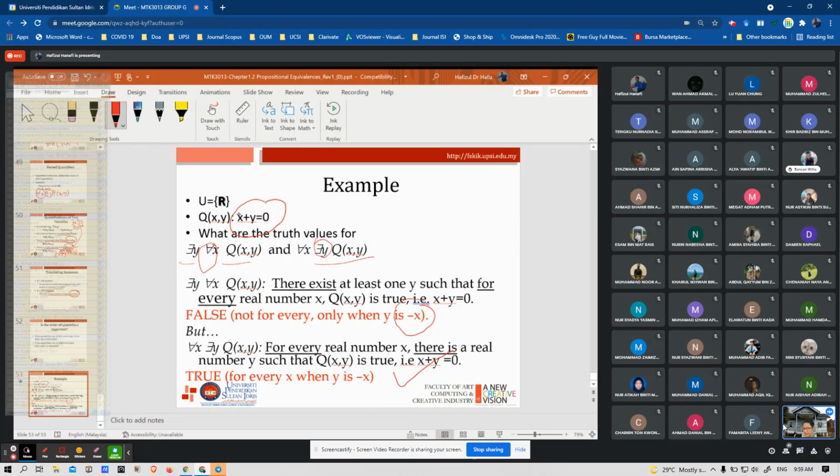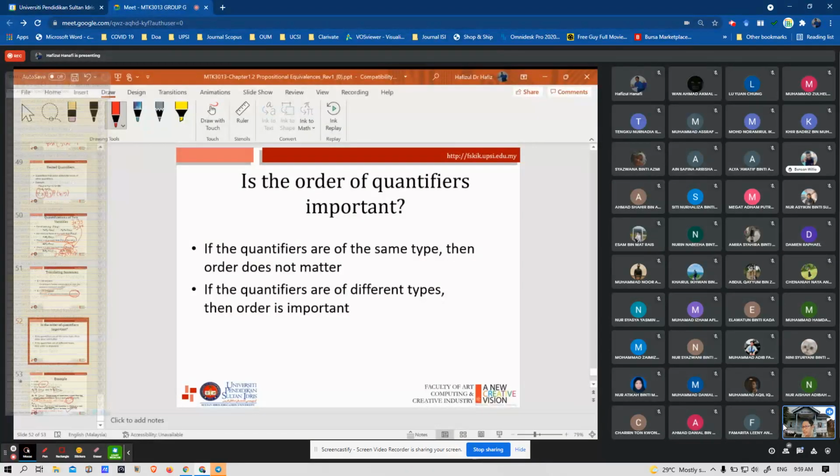There exists at least one y for every real number x is false, because not for every, only when y is negative x. This is the example. If the quantifiers are of the same type, the order doesn't matter. If the quantifiers are of different types, the order is important. Do you have any questions so far? Is it okay?